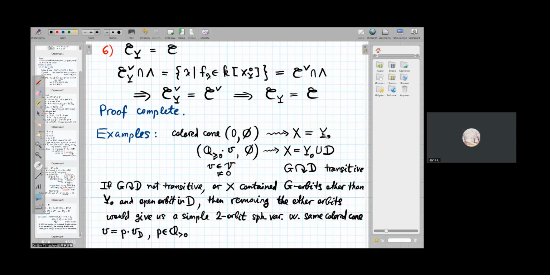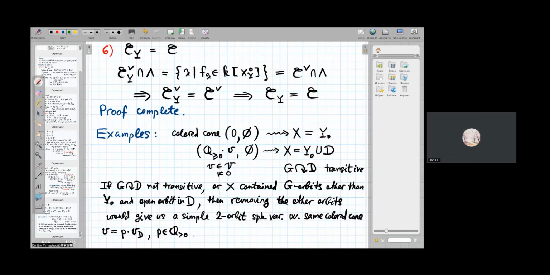Okay. So maybe this is the simplest type of simple spherical varieties. Either you take a single orbit, or you take a single orbit and an orbit of codimension 1. These varieties of the second type are sometimes called elementary simple spherical varieties, or elementary embeddings of the spherical homogeneous space Y0. Let me introduce this name.